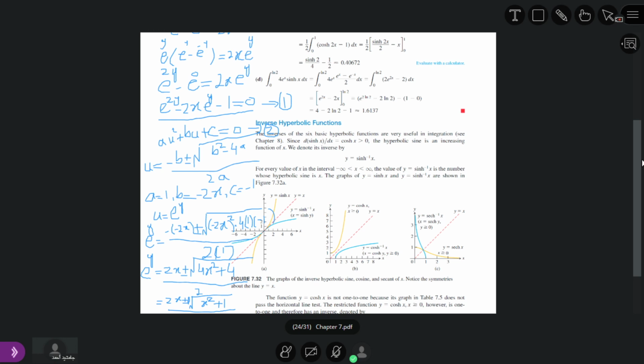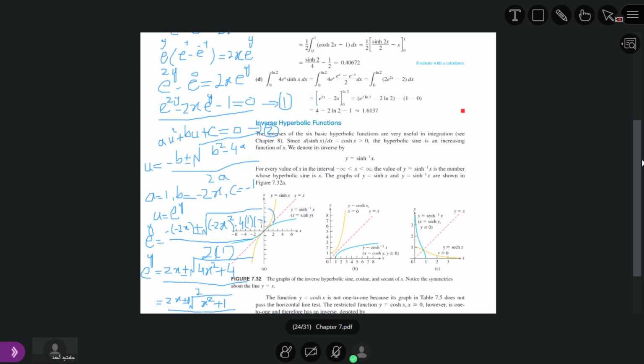Now if we see, this is a quadratic equation of this type: a u square plus b u plus c is equal to 0. So if we compare this with the second, we get a is equal to 1, b is equal to minus 2x, c is equal to minus 1, u is equal to e power y.